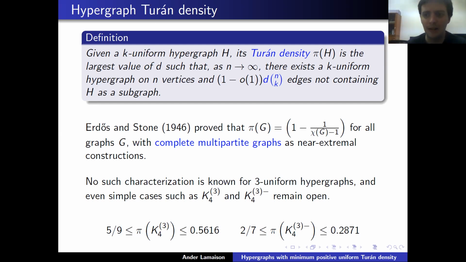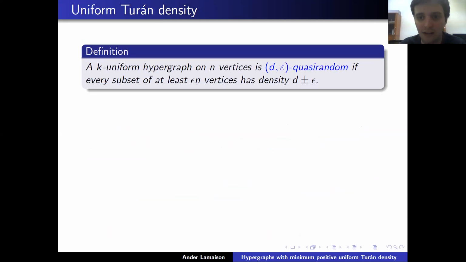Can the edges be well distributed? Can the host hypergraph be in a certain way pseudo-random and still have large density and avoid H at the same time? Well, I think the first to look into this question were Rödl and Schacht because of an example that I will introduce in a second.